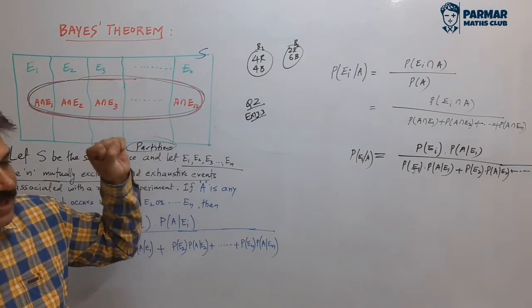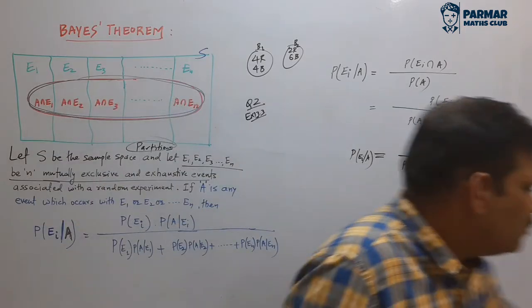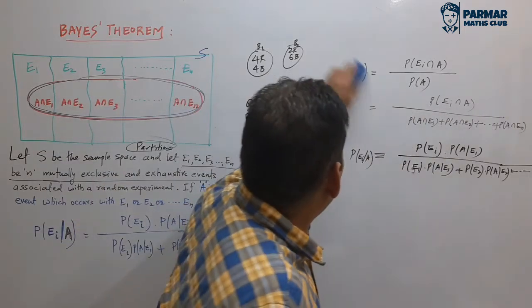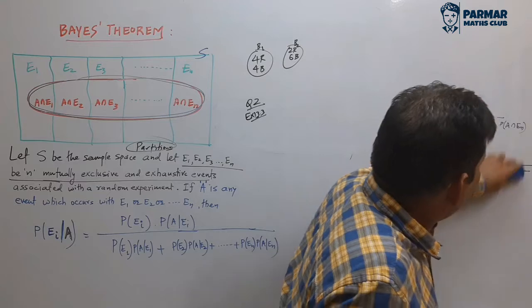One of the bags is selected at random and a ball is drawn from the bag. Well, there are 2 bags.